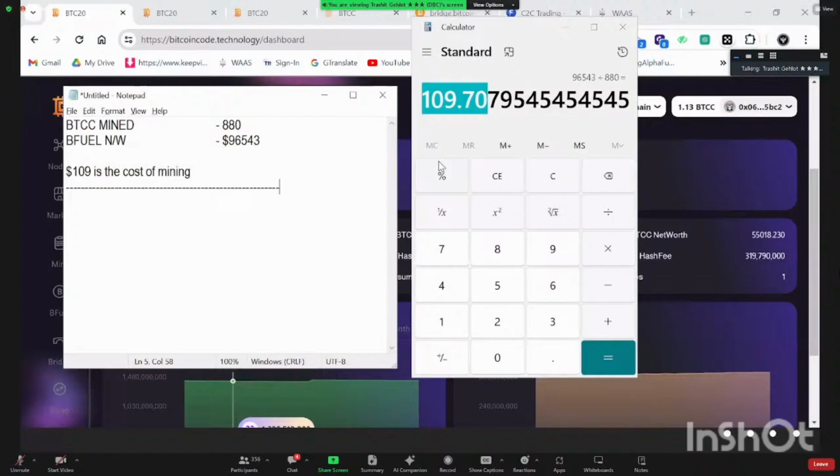In 2009, when you started Bitcoin mining, you would have had to pay the cost of electricity and the cost of internet, and the Bitcoin mined was worthless, $0.009. So at that time, if you had sold off Bitcoin, you wouldn't have been able to recover even the cost of mining. In a similar manner over here, unless and until BTCC crosses 109, I'm not going to cover this cost of mining either.